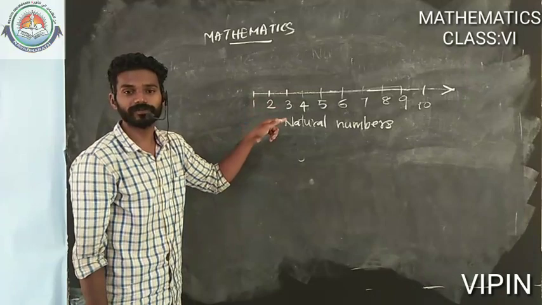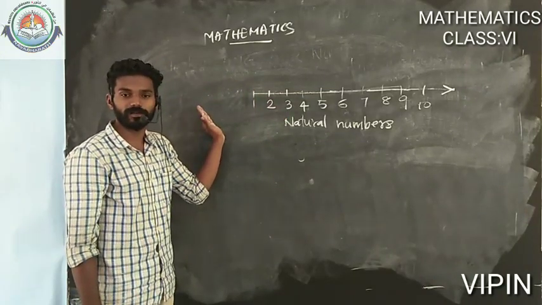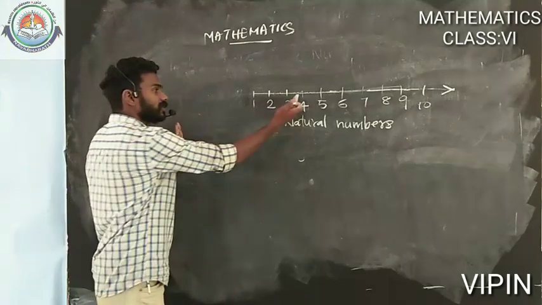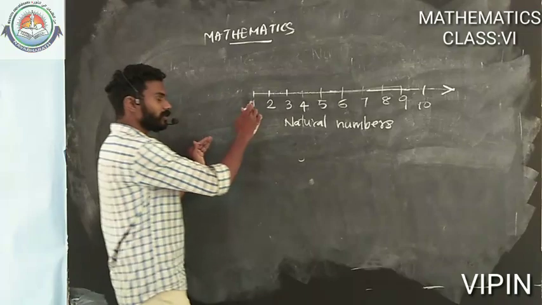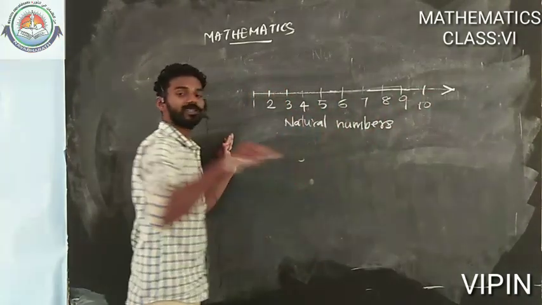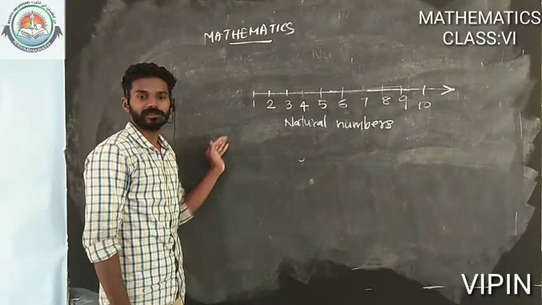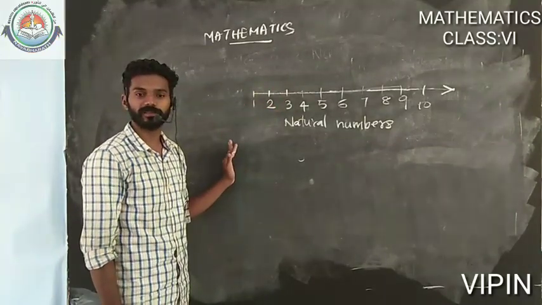And because of that, it must be marked on the left of 1. The numbers on the left would be smaller. And as we move towards right, the value of the number is increasing. This is the property or speciality of number line.